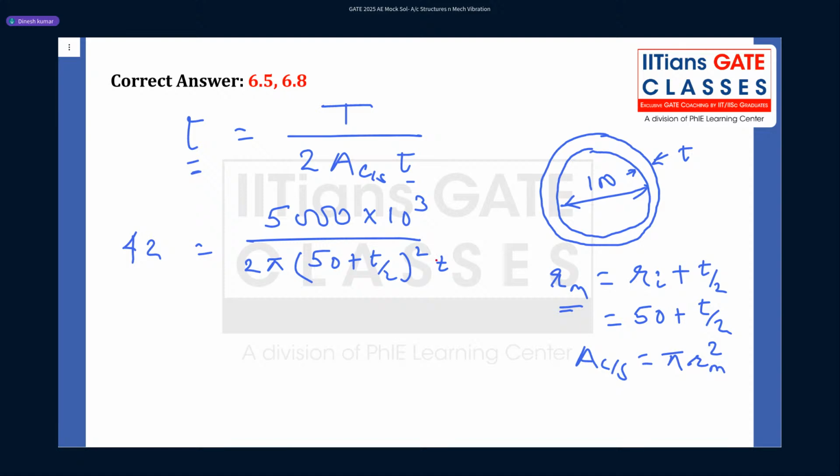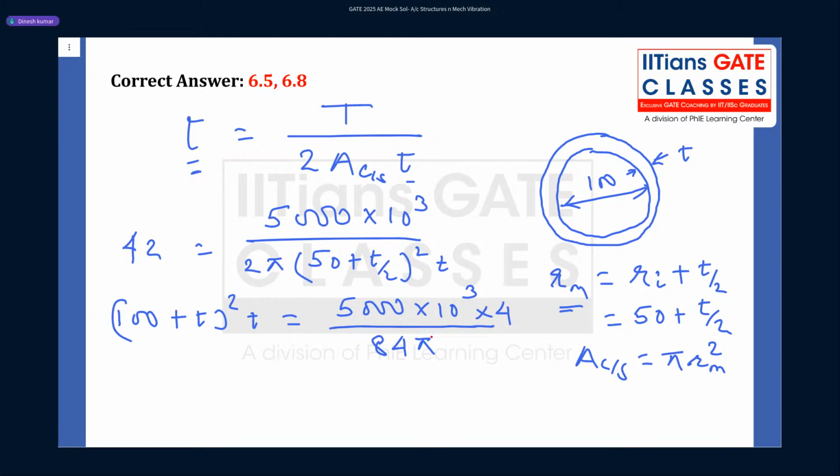Now what is unknown? Thickness. Remaining all is known. So what we see here is 100 plus t whole square into t is equal to 5000 into 10 to the power 3 into 4 divided by 84 into pi.